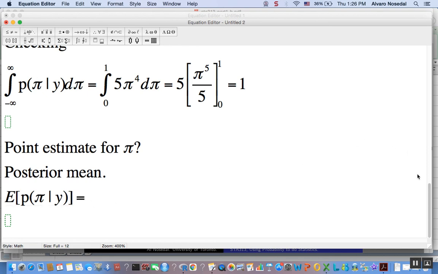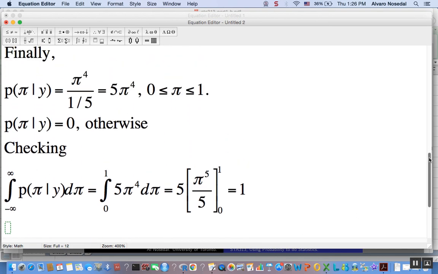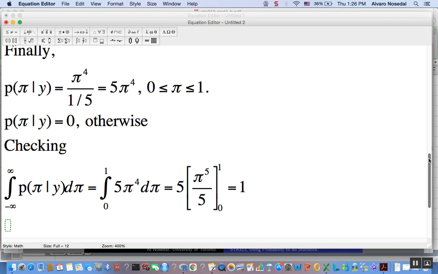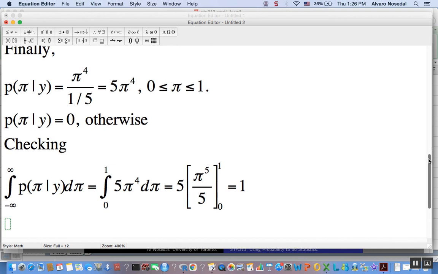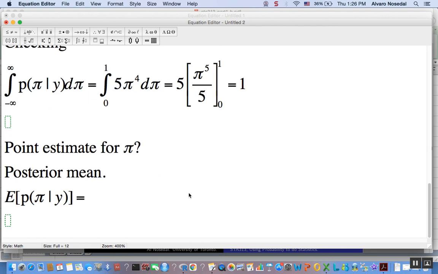Since in this case we have a continuous random variable, it would be the integral from 0 to 1 of the PDF, but we need that integral.